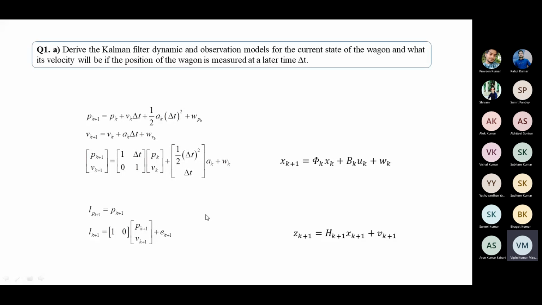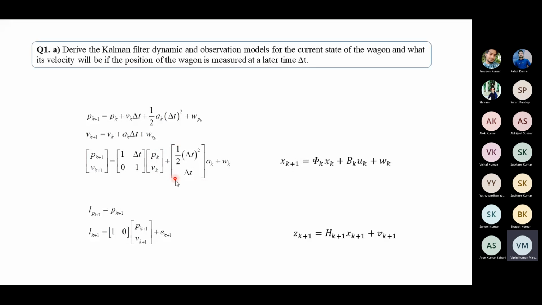Any problem in that? If we had to work on the acceleration also, we might have included it here, but that is not required for our case. We have to work on the position and velocity only. That's why in the state vector we have included position and velocity only.